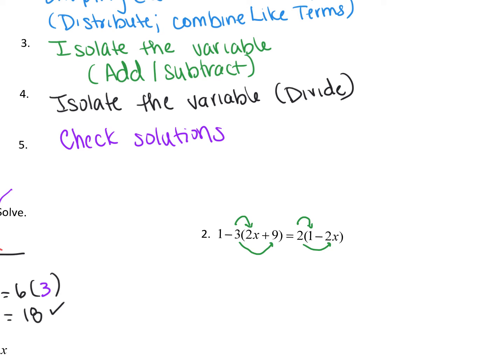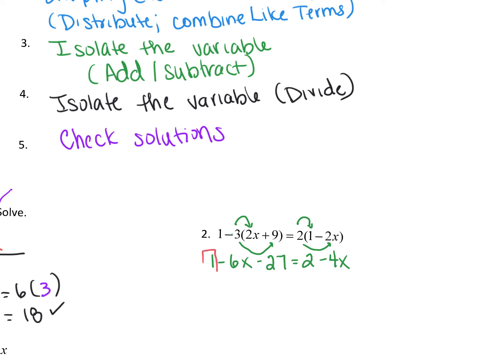And here's what I get now. 1 minus 3 times 2x is a negative 6x. Negative 3 times 9 is a negative 27. That's equal to 2 times 1 is 2. And then 2 times a negative 2x is a negative 4x. Another step in step 3 is to combine like terms.